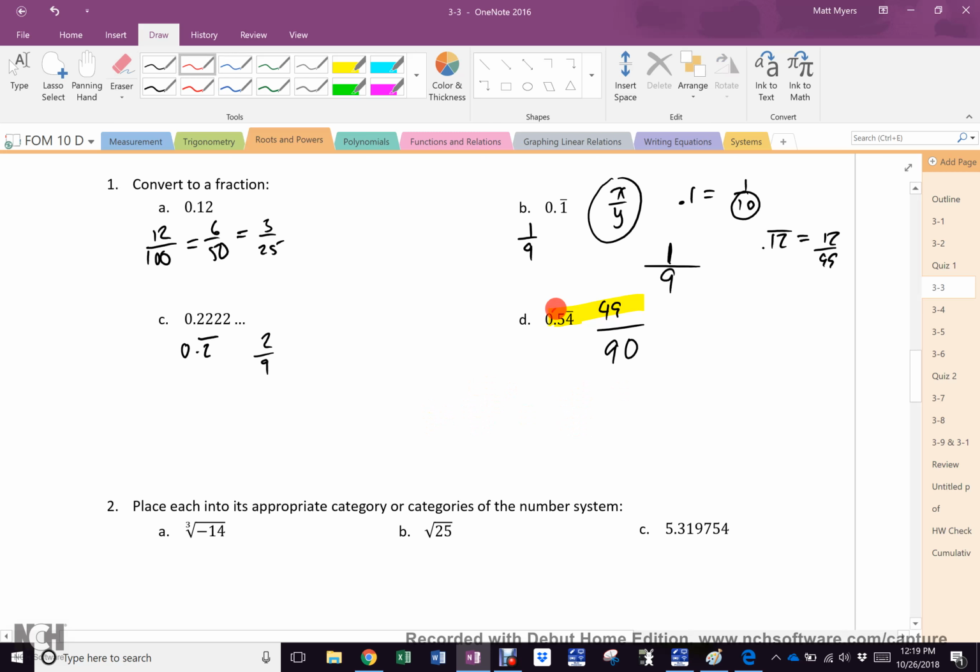Take the tenths, so the 5. So you're saying 54 minus 5 to get 49 over 90. All right, well, let's check. 0.38 with the 8 repeating, following your rules, that would be 35 over 90. Let's check.